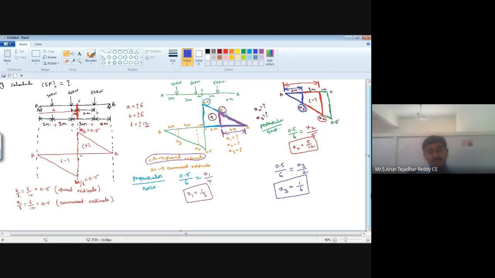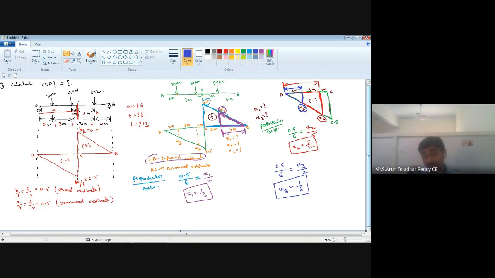So these are the ordinate values. Why are we calculating these ordinate values? Because to know the shear force at C. So that purpose we have calculated ordinates.